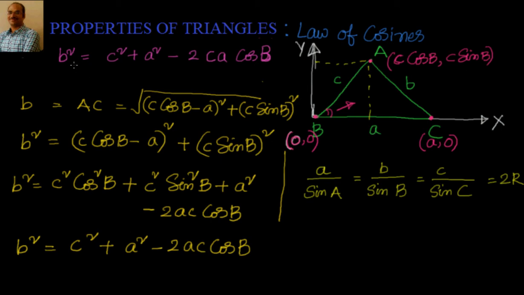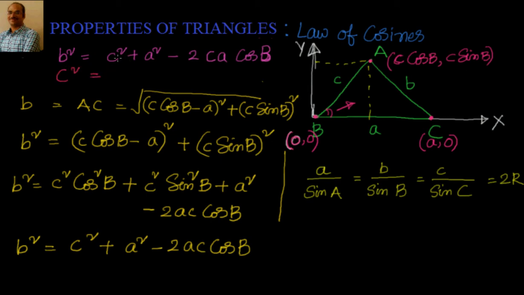If you want b, your b will be there only with the angle, and all the remaining will be with the other sides. It is c square plus a square minus 2ca cos B. Similarly, if you want c square, you should start in the same pattern.